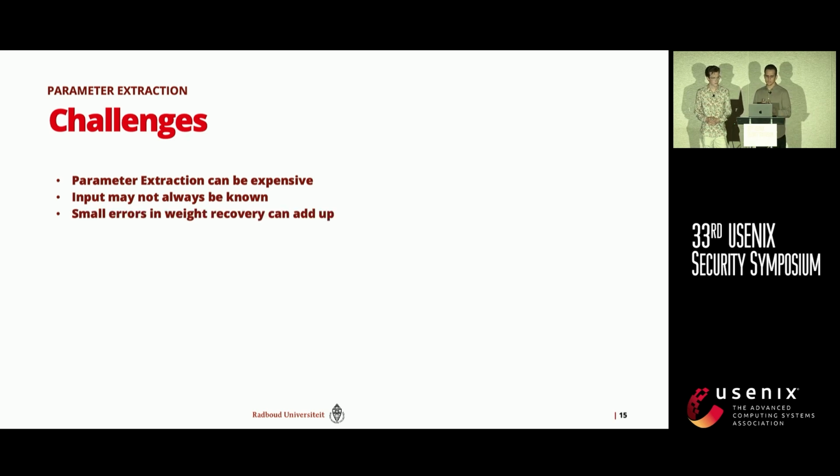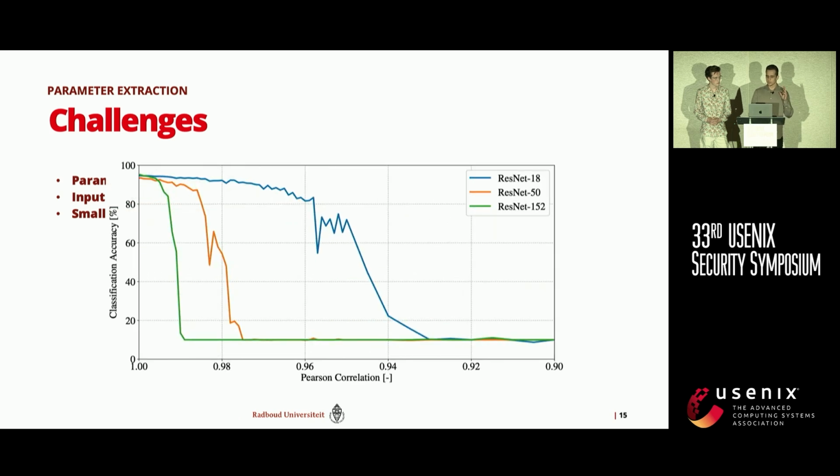And also it hasn't been addressed whether, if you incorrectly recover weights, just small errors, how they affect the recovery and the accuracy of the recovered model. So we designed an experiment where we took off-the-shelf well-known architectures and simulated how errors propagate in the layers, in the weights, if you recover the weights incorrectly.